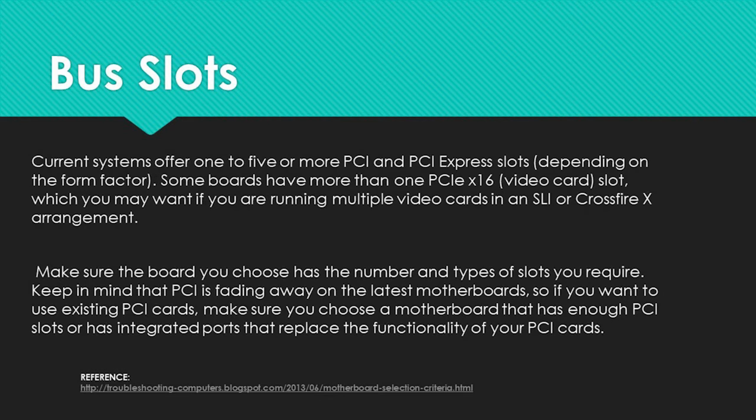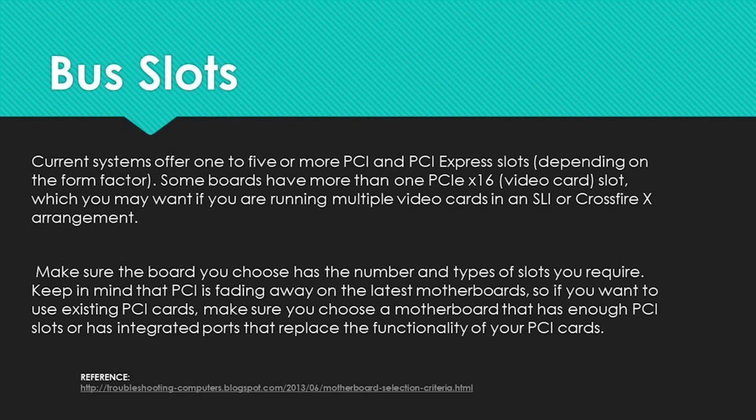We have number 5, the bus slots. The current system offers 1 to 5 or more PCI or PCIe slots, depending on the form factor. So again, the slots depend on the size and shape of your motherboard. Some boards have more than one PCIe video card slot, which you may want if you're running multiple video cards in an SLI or CrossFireX arrangement.